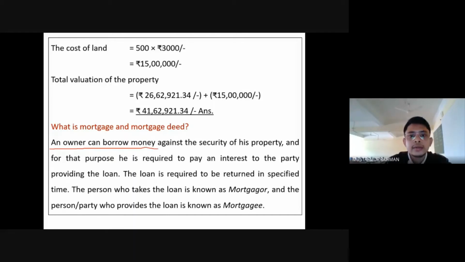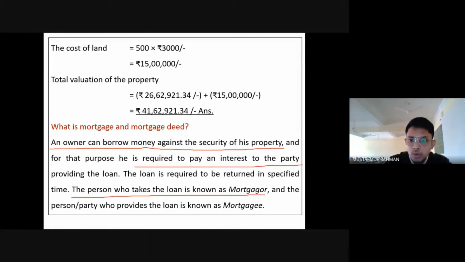They can put it as a security. Okay, you have a property, you have a piece of land, you can put it as a security with a bank or some financial institution and you can get a loan. So the person who takes the loan is the mortgagor, and the person who lends is the mortgagee. They will know these things. This is just theory.